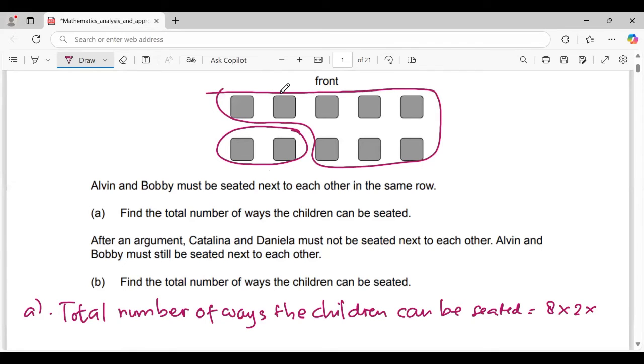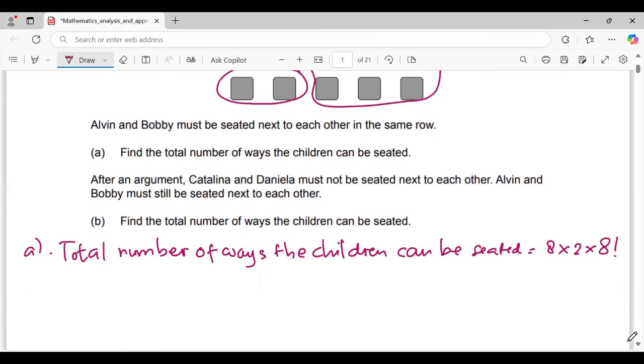And the remaining children can be seated in those desks, so multiply by 8 factorial. If we calculate, the result is 645,120.